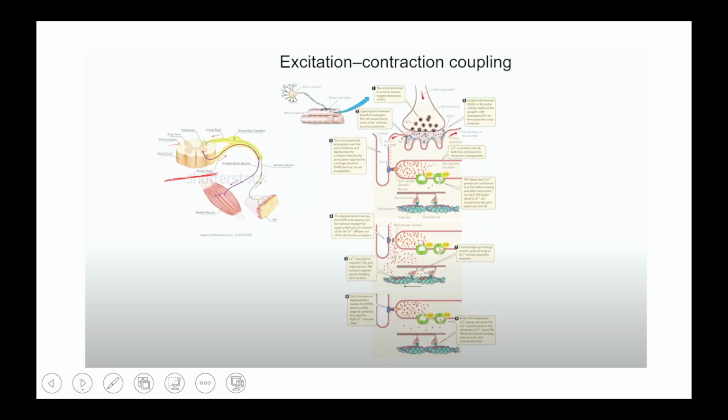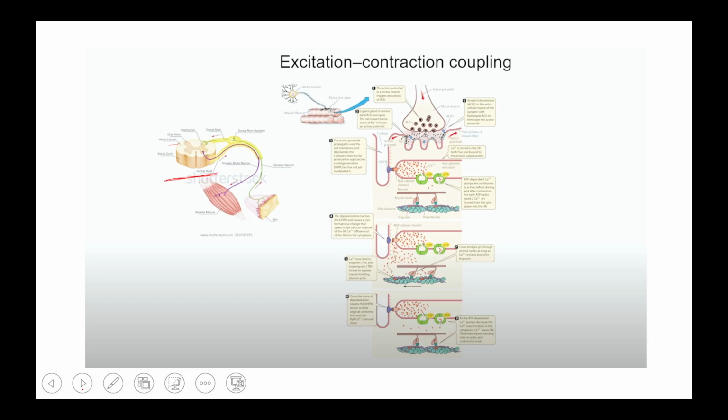So what happens is, as I mentioned, the motor neuron gives the signal in the form of acetylcholine release. Acetylcholine is released and acts on the muscular cells.